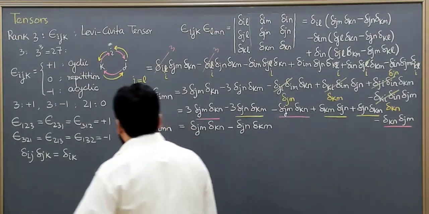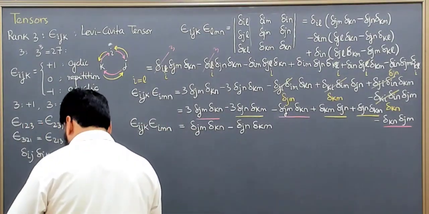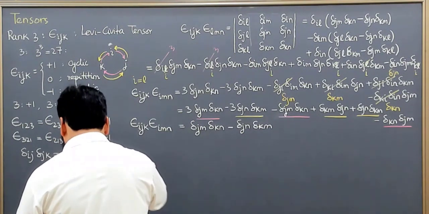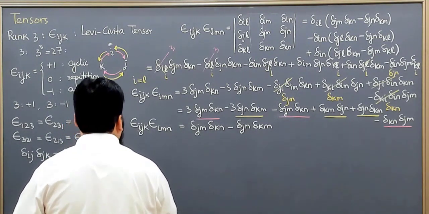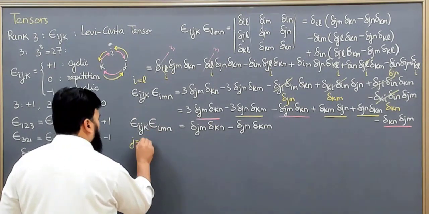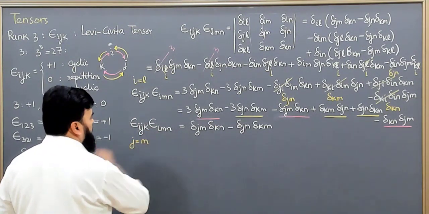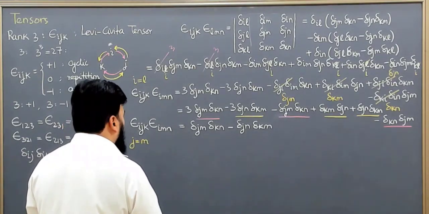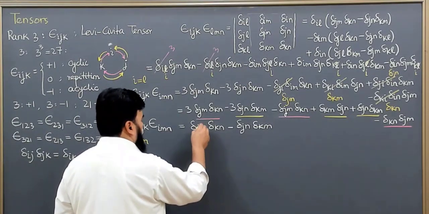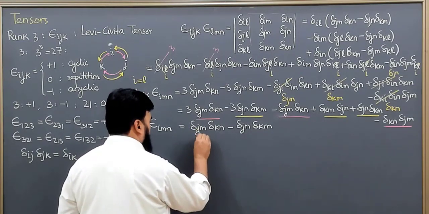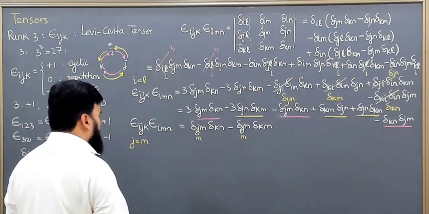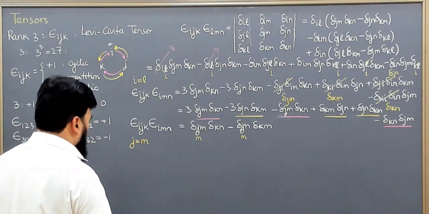Similarly, if another two indices are the same, like the next two indices, j and m, if j is equal to m, then wherever we have j, we will write it as m. So we will write this one as m, and this one as m. So we write them as mm here.